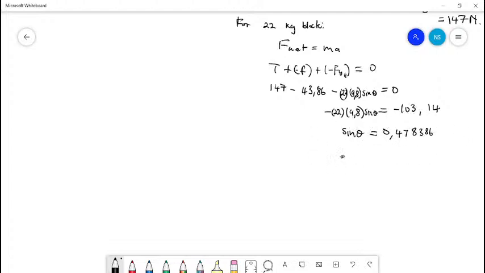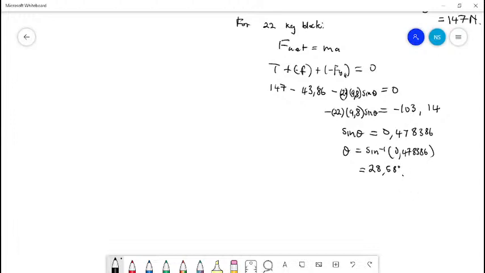From here we can get our theta. Theta will be given by arc sine of 0.478386, and the answer is 28.58 degrees. So that's how you get your theta.